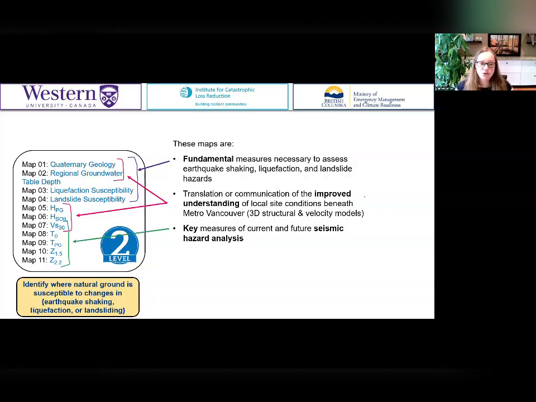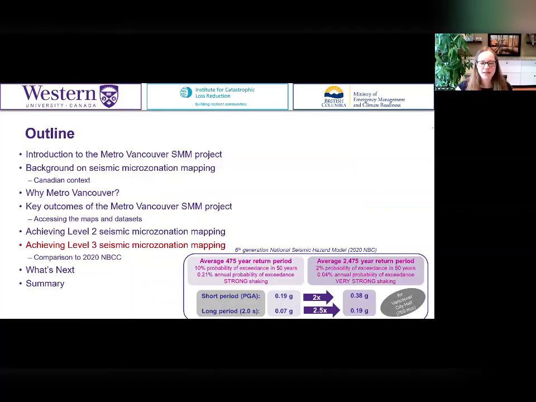And then the last group is the non-negotiable metrics that are key to seismic hazard analysis. It doesn't matter if a community planner doesn't understand or use them. They're needed for seismic hazard analysis in future. The first 6 we could discuss, but the next 6 or 7 needed to be locked in because of their use in seismic hazard analysis.